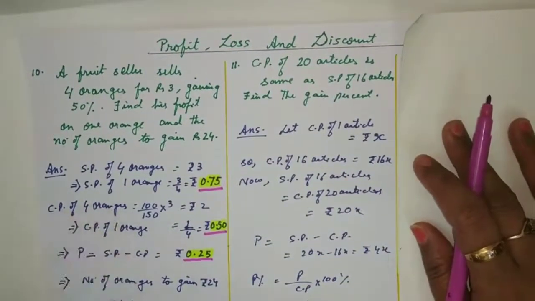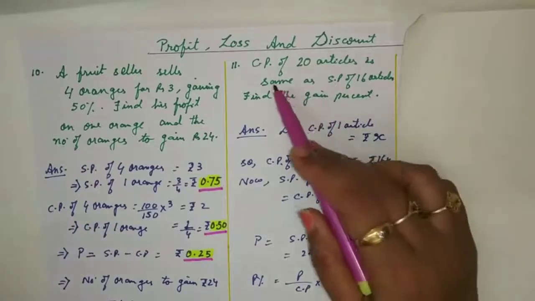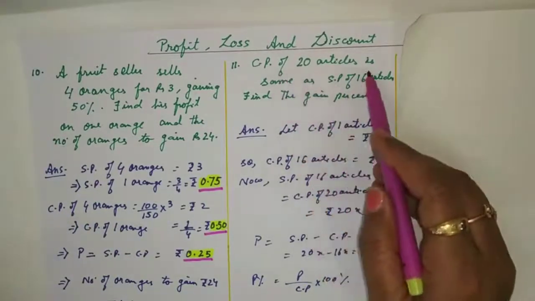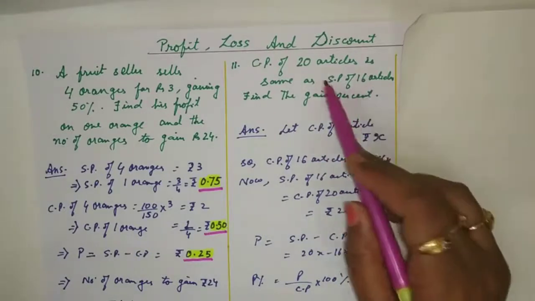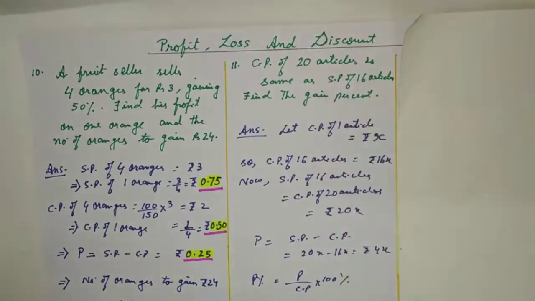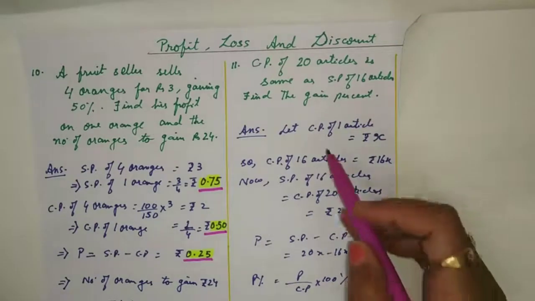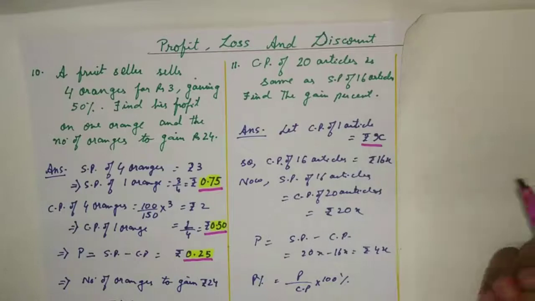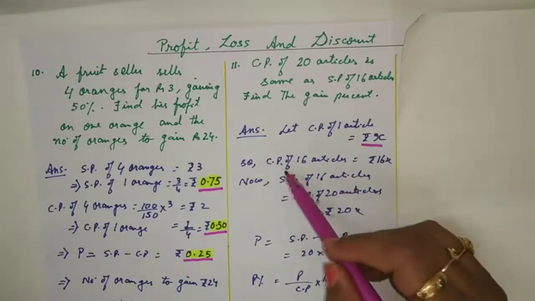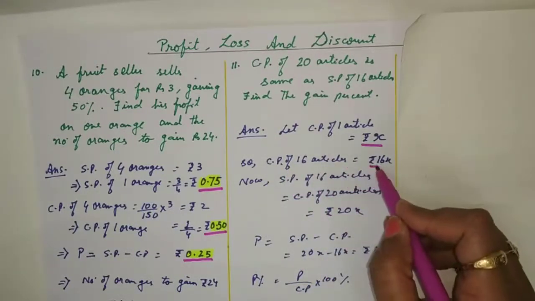The next question that we have taken here is: CP of 20 articles is the same as selling price of 16 articles. Here the number of articles are different, so we assume let the CP of 1 article be ₹X. Keeping the number of articles the same, the CP of 16 articles is ₹16X.